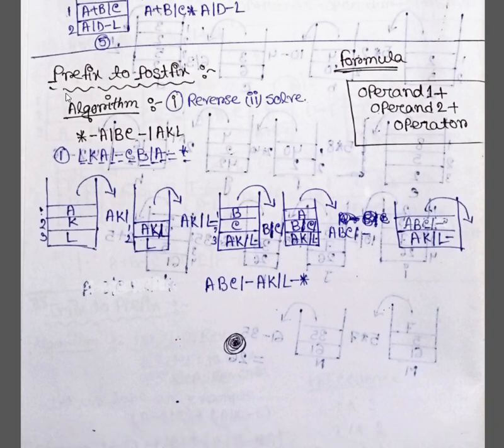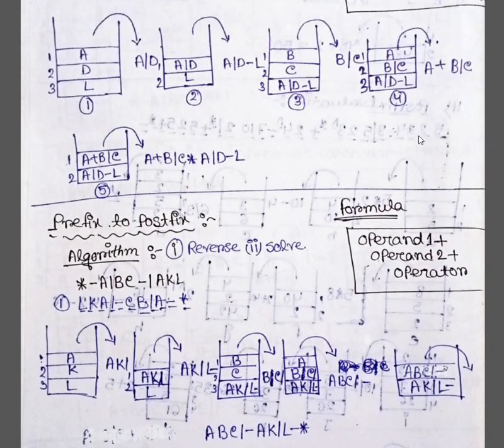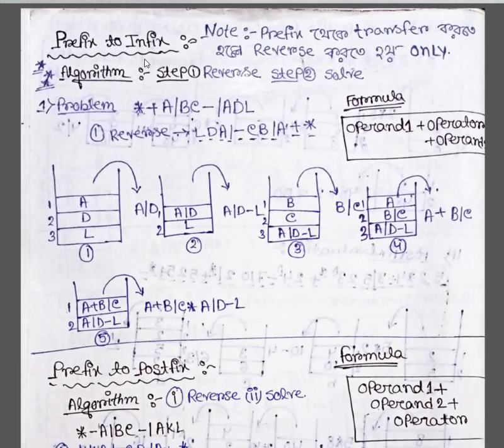Likewise, for prefix to postfix conversion, the formula is operand 1, then operand 2, then operator. I think you can find the similarity between these two. When we find the infix expression, the operator will be between operand 1 and operand 2. Infix means inside.